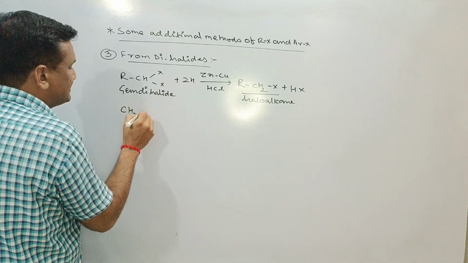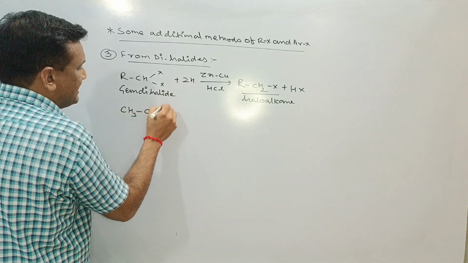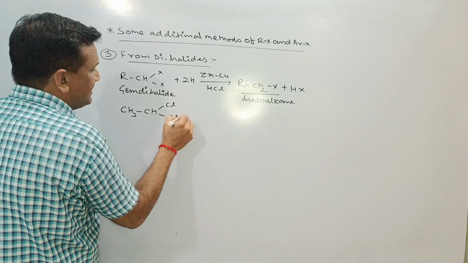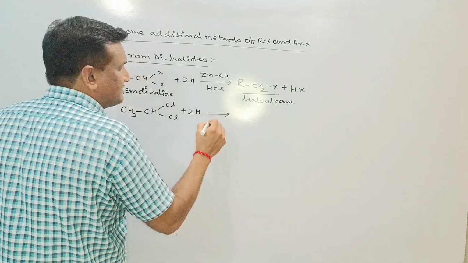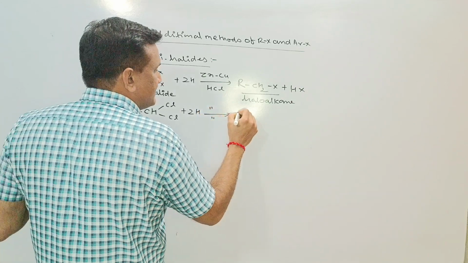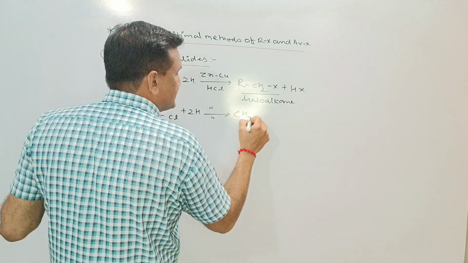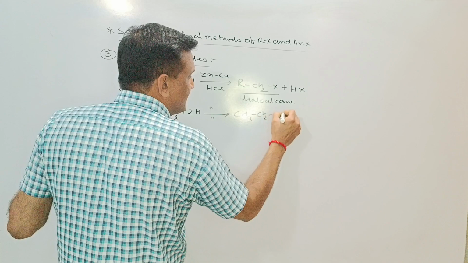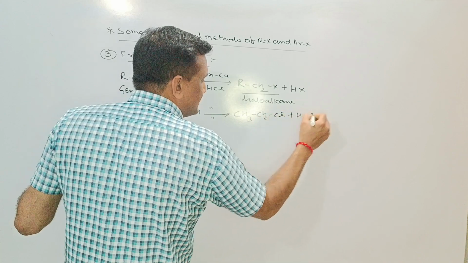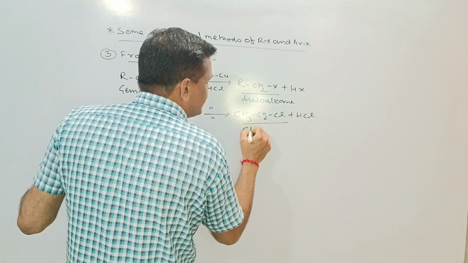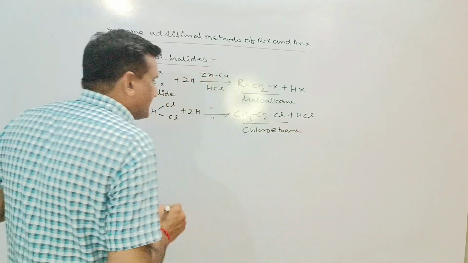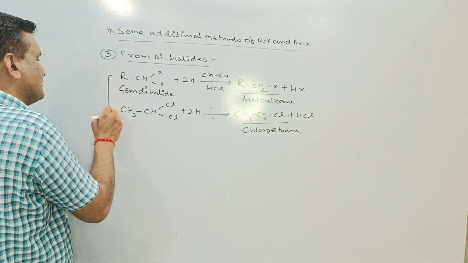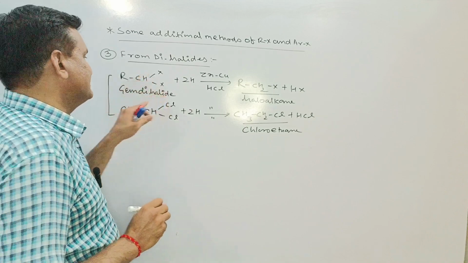Suppose we are taking here CH3CHCl2. Reaction with 2[H] means reduction, same condition. Then here will be formation of CH3CH2Cl with the removal of HCl. This is called chloroethane. So this was about the third method, gem dihalide.